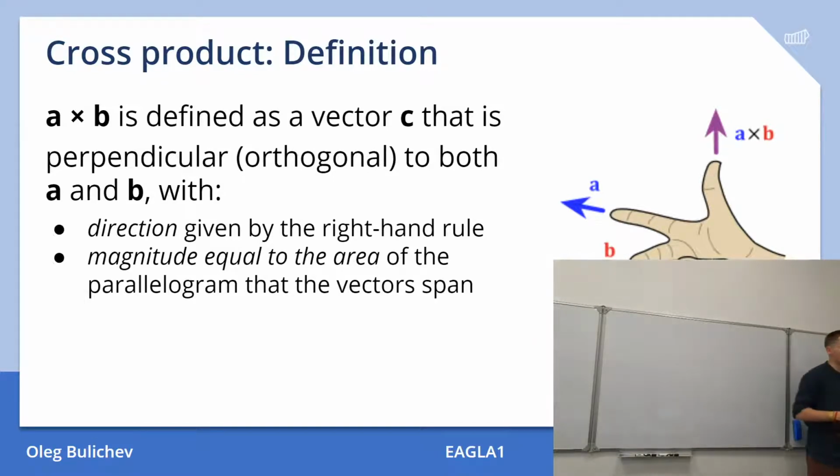So you can think in another manner. You can think that your result should be positive when you go from the first vector to the second vector, so counterclockwise. So, for instance, if you look like this, first, second, it should be counterclockwise. It means it's positive.